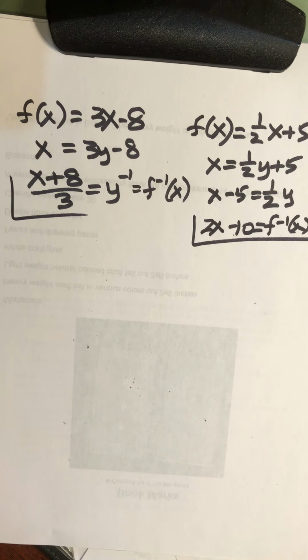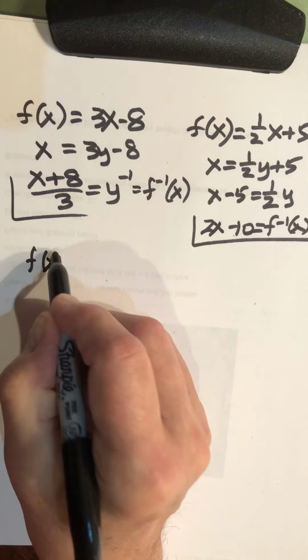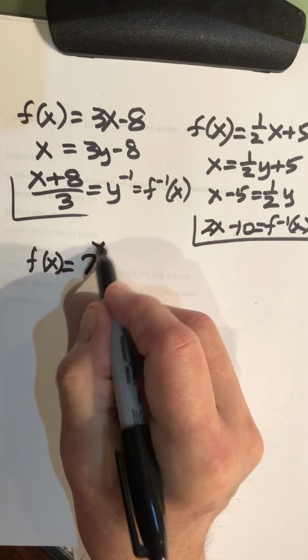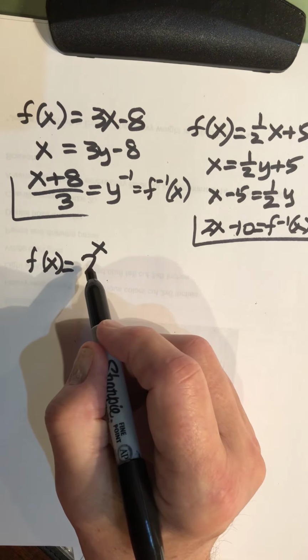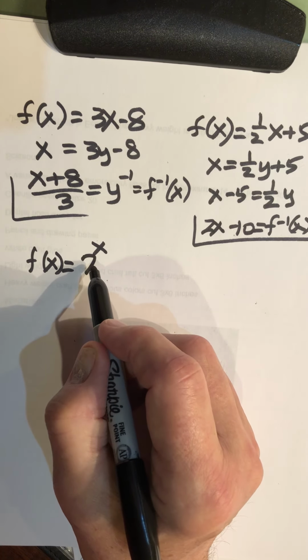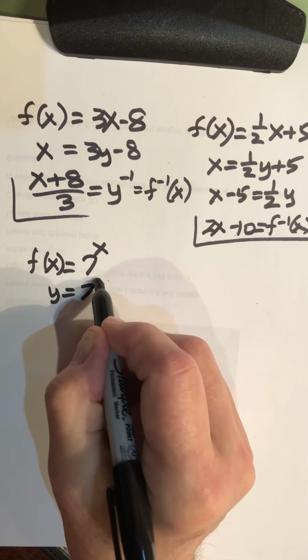All right, let's try this one. What if I had f of x equals 7 to the x? Uh-oh. Well, remember the inverse of exponentials is logs. So what I'm going to do here is convert this to log form. Okay, this is y equals 7 to the x right now.